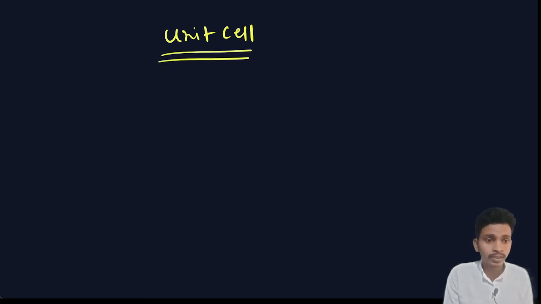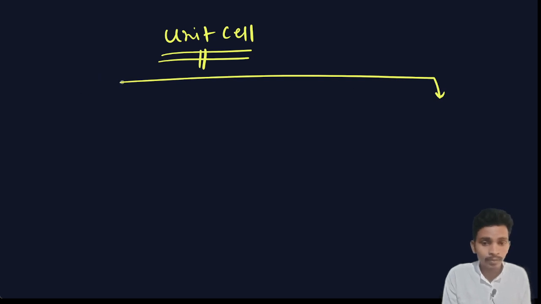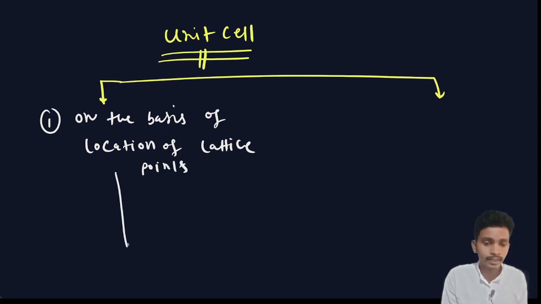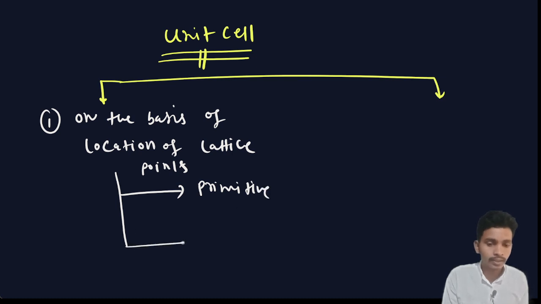Okay, so I have classified these unit cells on the basis of, first, the locations of lattice points. There, one is primitive and another is non-primitive.